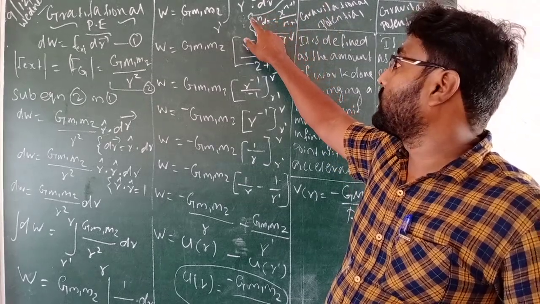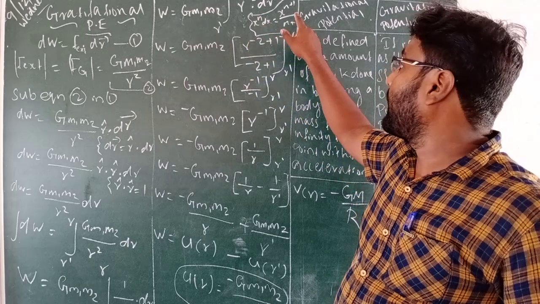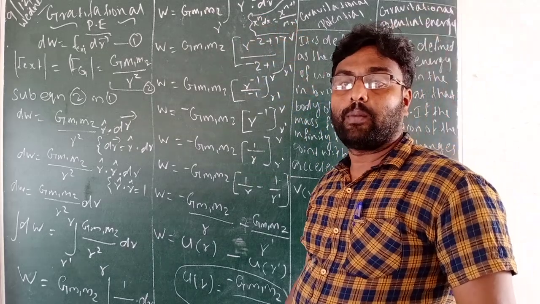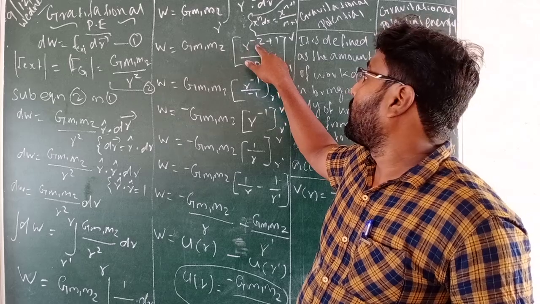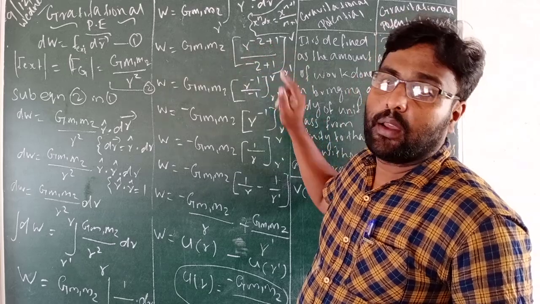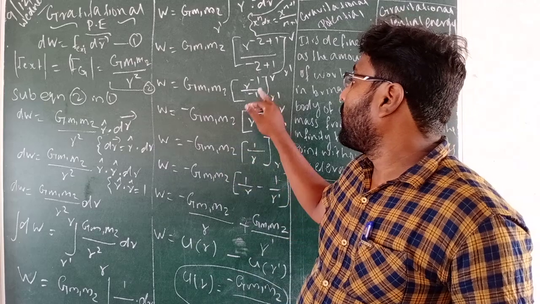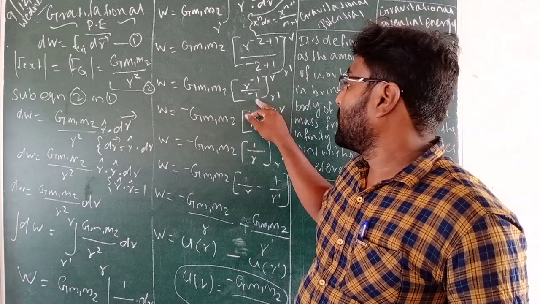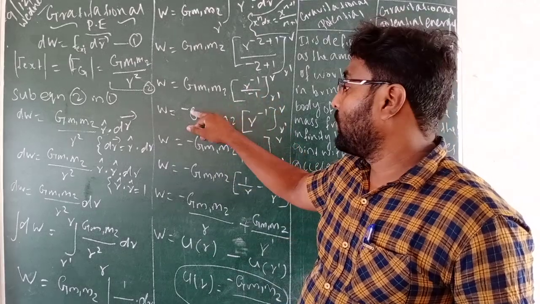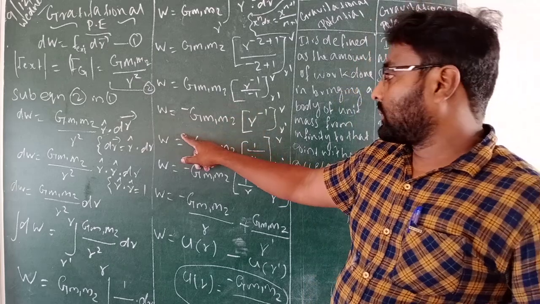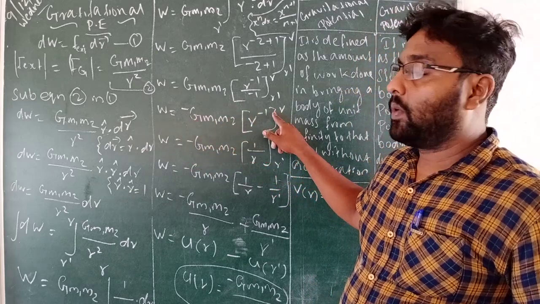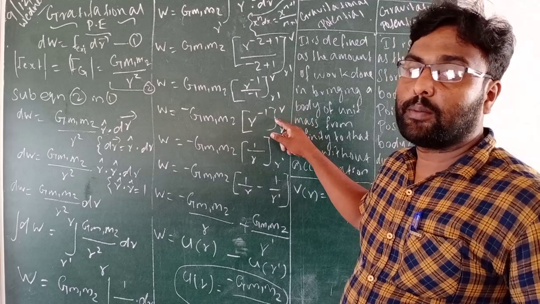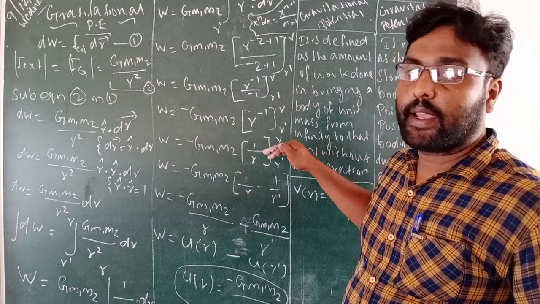So x power n dx we can write what? X power n plus 1 divided by n plus 1, in the format R power minus 2 plus 1 divided by minus 2 plus 1. Now we got R power minus 1 divided by minus 1. So take the minus 1 outside. So minus Gm1M2 into R power minus 1 will come. Now in this step R power minus 1 we are writing 1 by R.